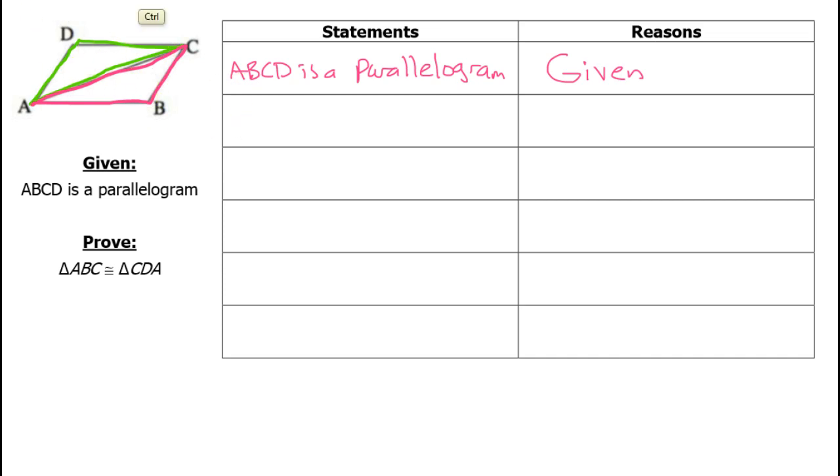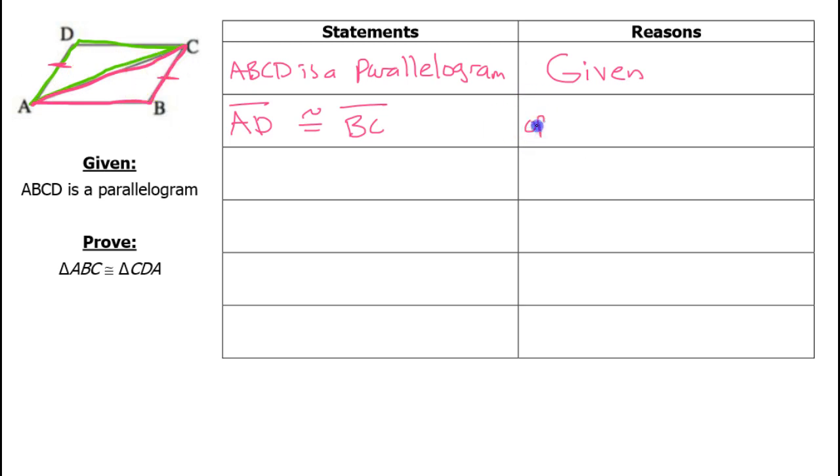Okay, I think I'm going to take a side approach to this. So for example, I should be able to say that this side is congruent to this side. That would be saying that AD is congruent to BC. And that's because opposite sides of a parallelogram are congruent.